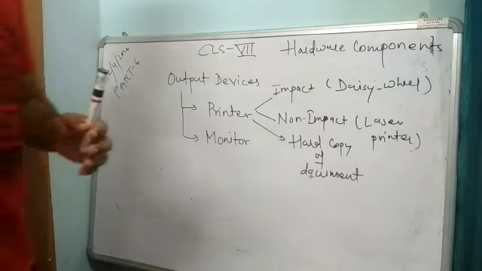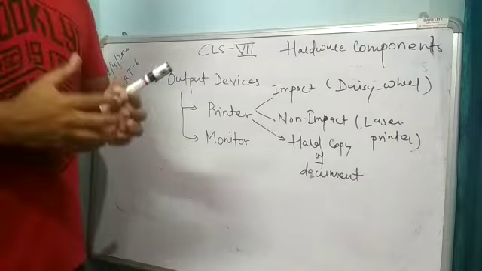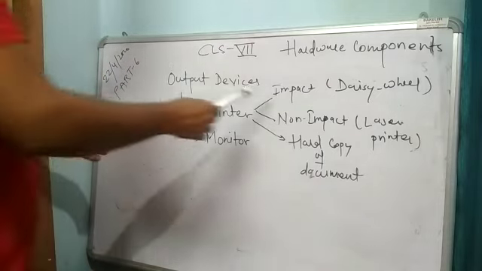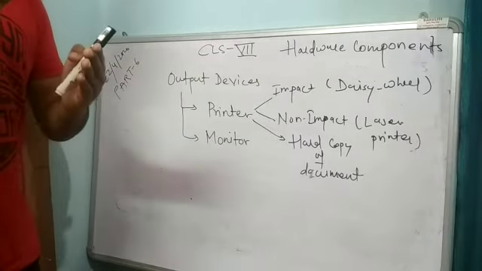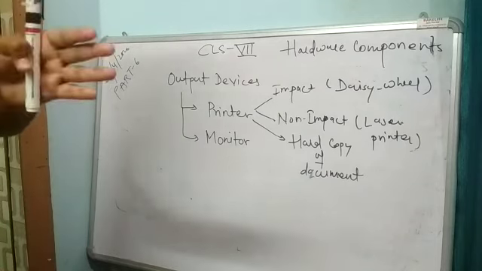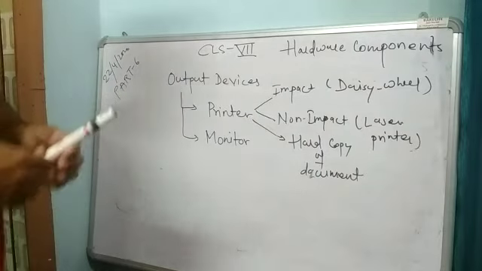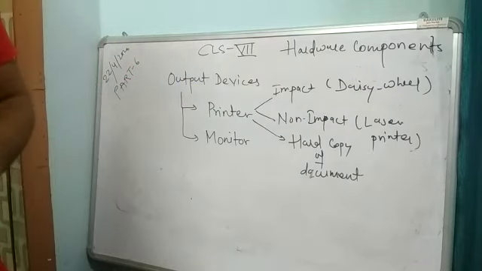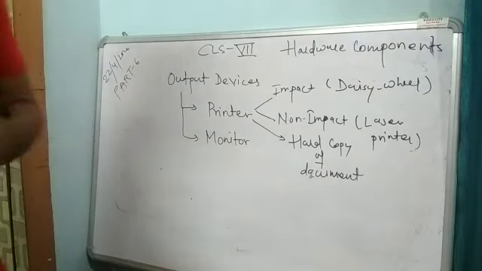That printer makes a lot of noise, because the head of the printer touches the paper. The examples of impact printers are daisy wheel printers and dot matrix printers.